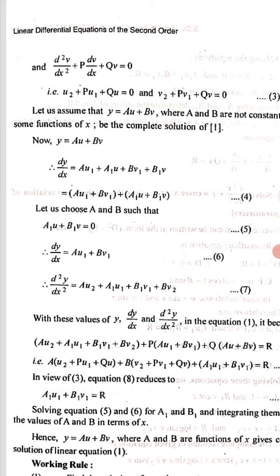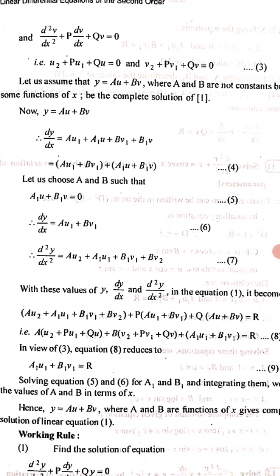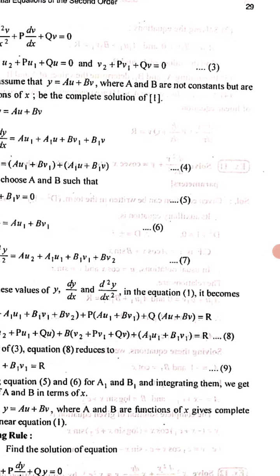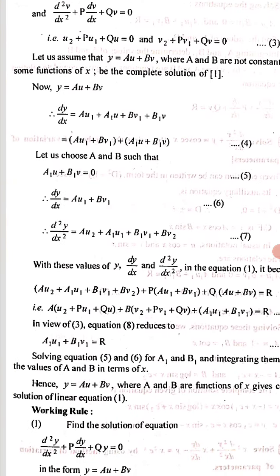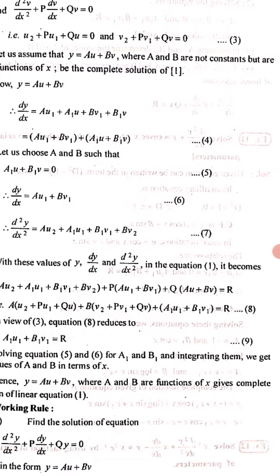Therefore d2y by dx square is equal to au2 plus a1u1 plus b1v1 plus bv2. This gives equation number 7. With these values of y, dy by dx and d2y by dx square in equation 1, it becomes au2 plus a1u1 plus b1v1 plus bv2 plus p into bracket au1 plus bv1 plus q into bracket au plus bv is equal to r.